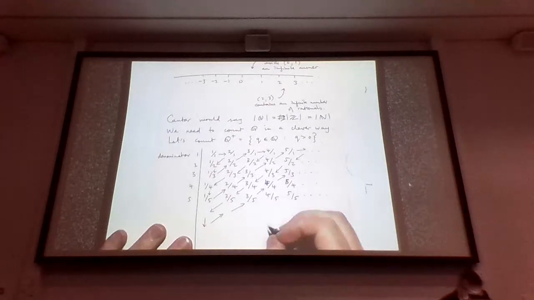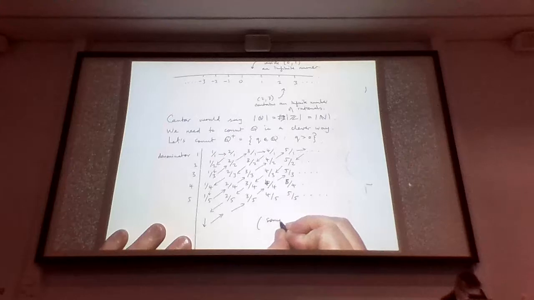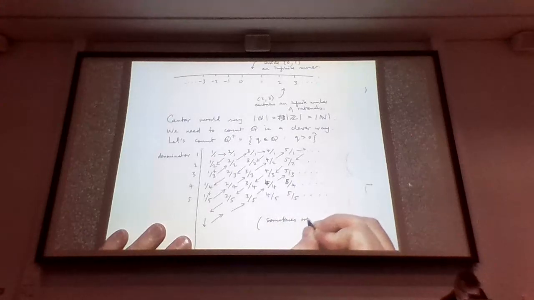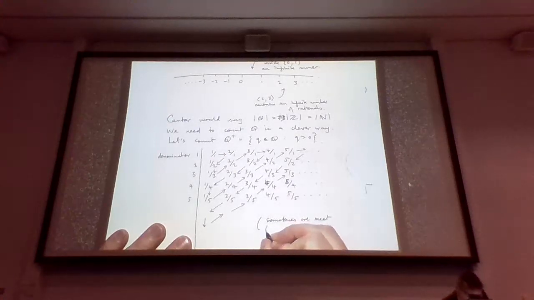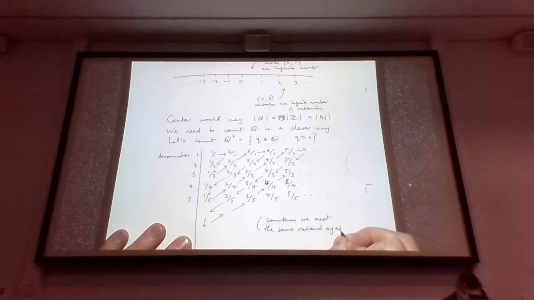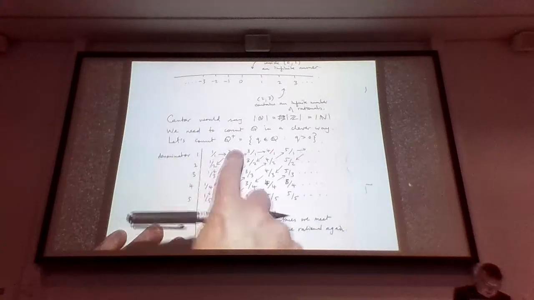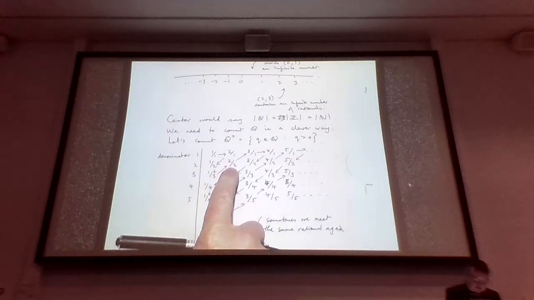Now there's a slight technical thing here. Sometimes we meet the same rational number again. So for instance, I met the rational number 1 up here. I also met it again here, 2 over 2.